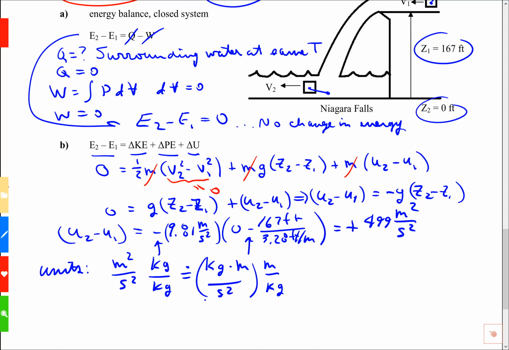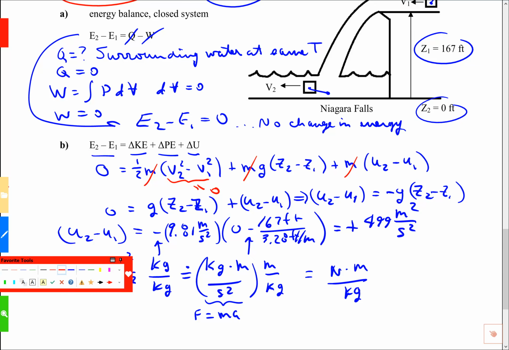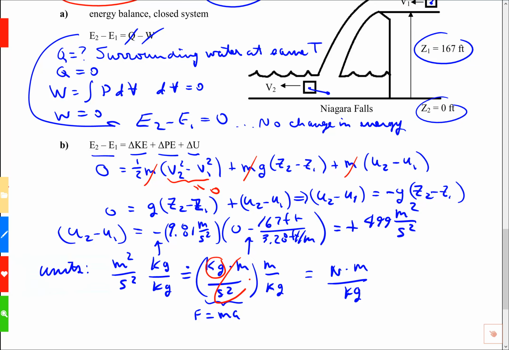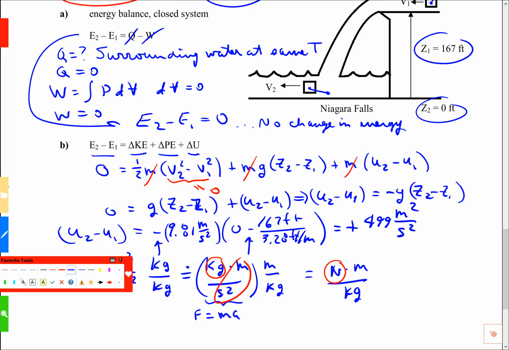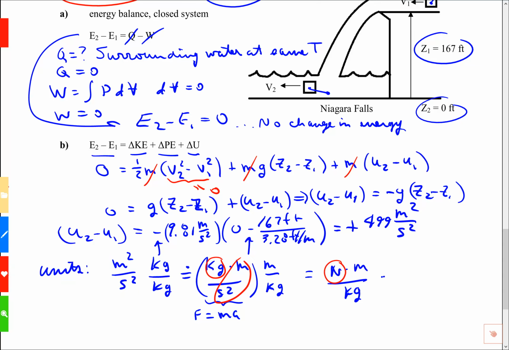Well, this bit here is a Newton. I'm going to have newtons times meters per kilogram. How is that a Newton? Well, F equals ma. I've got a mass here and I've got an acceleration there. Together that makes a Newton. And a Newton meter is a joule. So now I've got joules per kilogram.